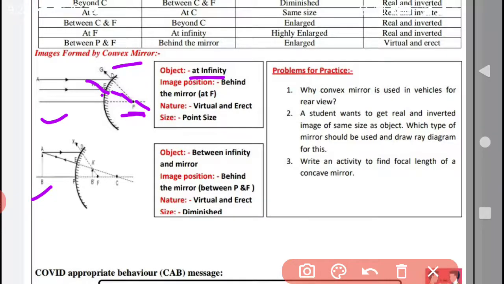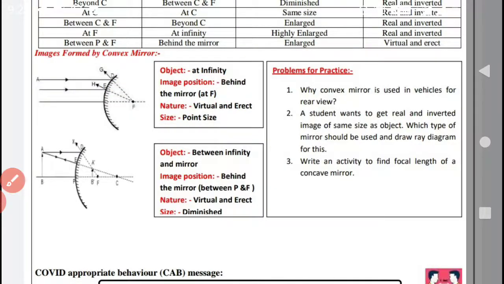We can pass the lines. The lines go inside the mirror, behind the mirror, and intersect at the focus only. So the image is formed behind the mirror, at F. When the image is formed behind the mirror, it is virtual. And it is an erect image. And what is the size of the image? It's point size, that means very small.